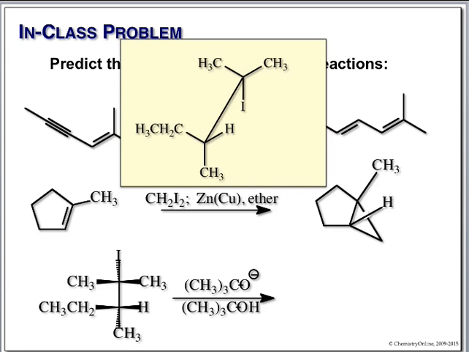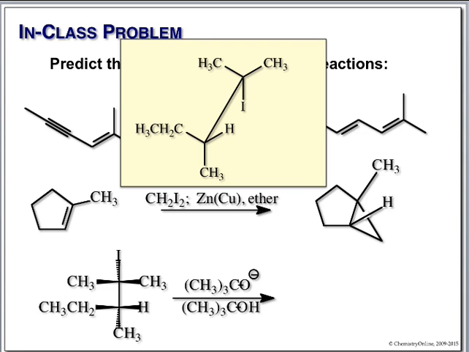This is what we're dealing with. Two methyl groups coming up, and an ethyl and a hydrogen coming up. The iodine and the methyl are both going down. Everyone see that? That's our first conversion.